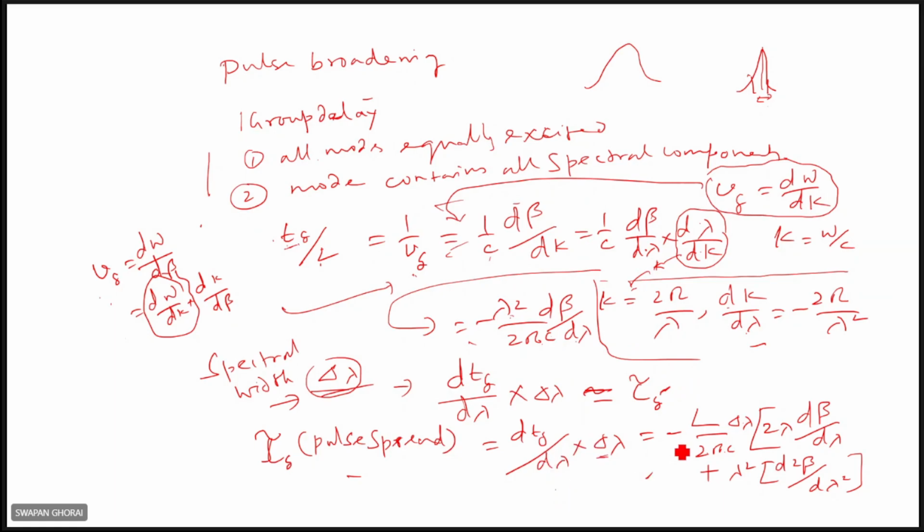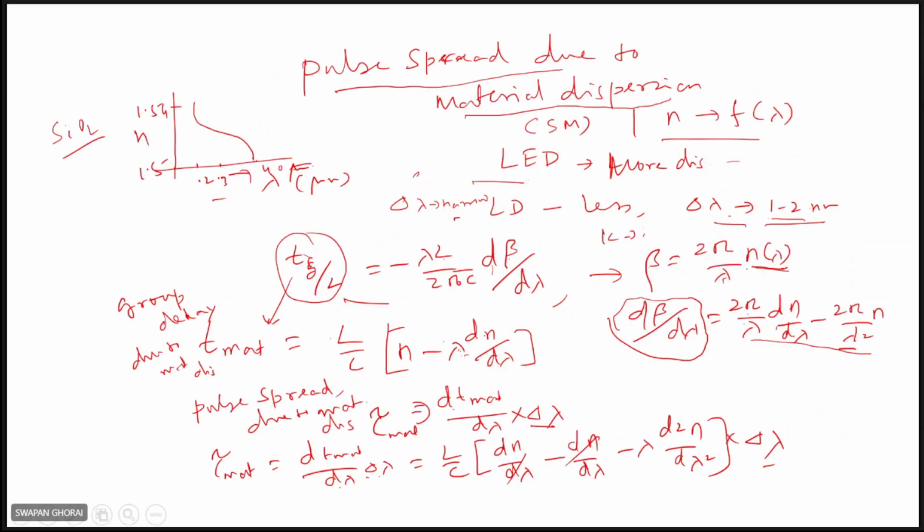But here you see it is difficult to distinguish the material dispersion, waveguide dispersion, and other dispersion. So we calculate these dispersion effects separately. When the pulse is broadened due to this dispersion separately, say for material dispersion, how much pulse spread will be there? That can be calculated.